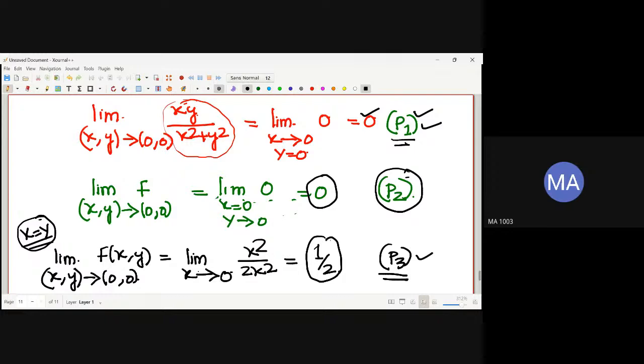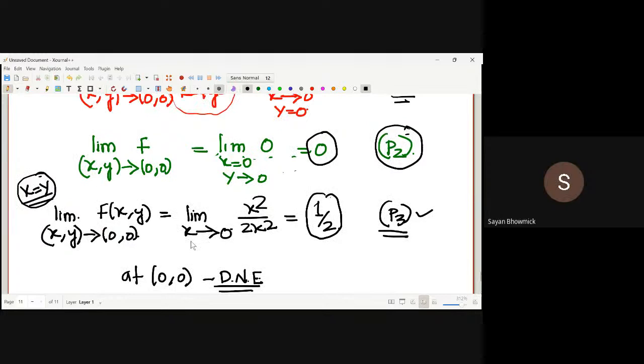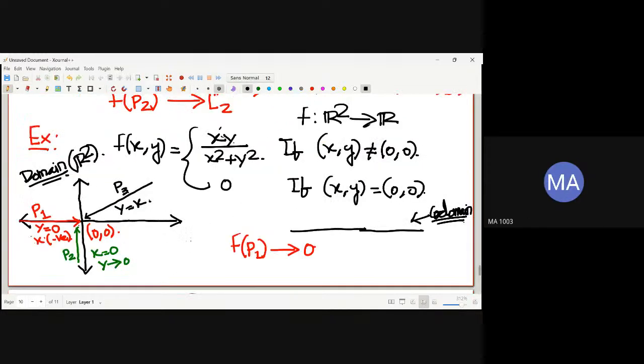Any doubt till now? Sir, basically, limit doesn't exist means we just need to prove that it's path dependent, isn't it? Correct. Yes. So for example, if instead of taking this line y equal to x, I consider a general line, let's say y equal to mx, so this is an arbitrary line.